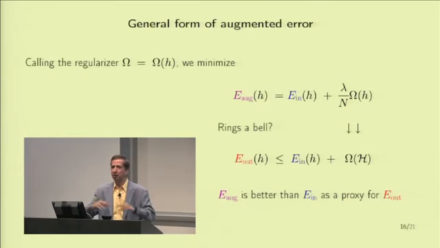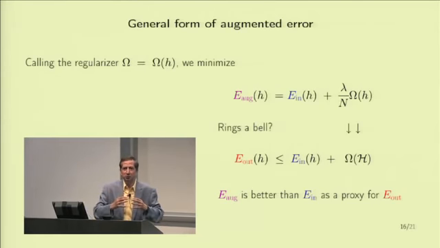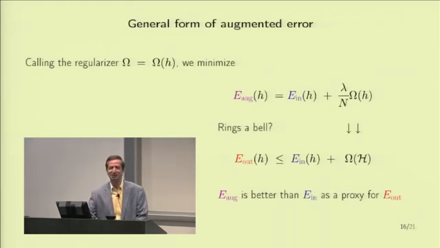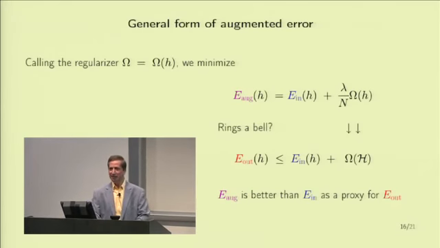If you get that, you are done. Minimize it and go home, okay? But there is always this slack, and there are bounds, and this and that. And now our augmented error is our next attempt, starting from the plain vanilla in-sample error, adding something that gets us closer to the out-of-sample error, okay? So of course, the augmented error is better than E in at approximating E out because it's purple. Purple is closer to red than blue. Okay, no, that's not the reason, but that's at least the reason for the slide, okay? So this is the idea in terms of the theory. We found a better proxy for the out-of-sample error.